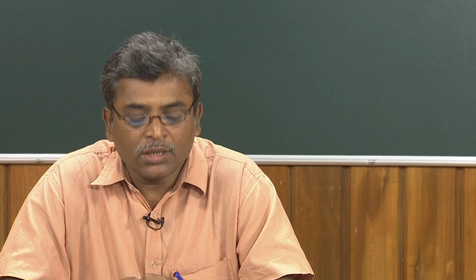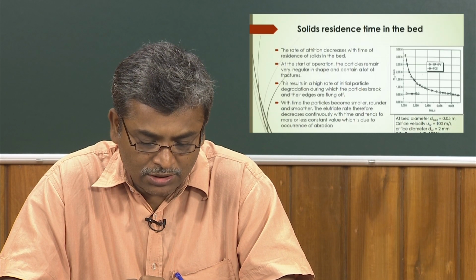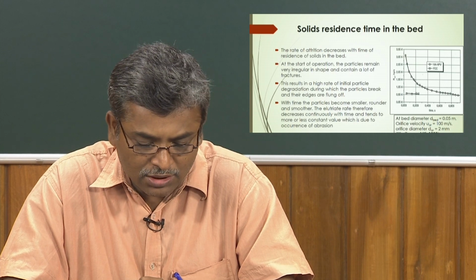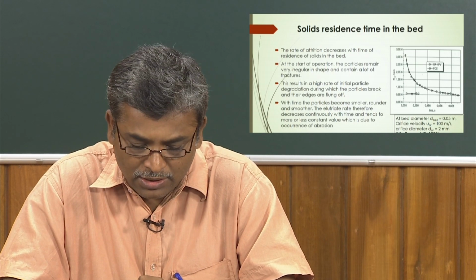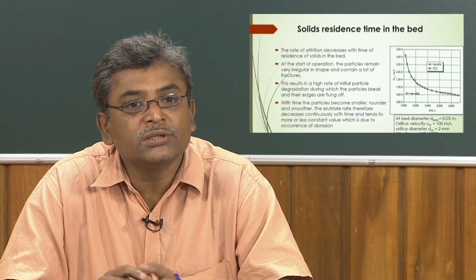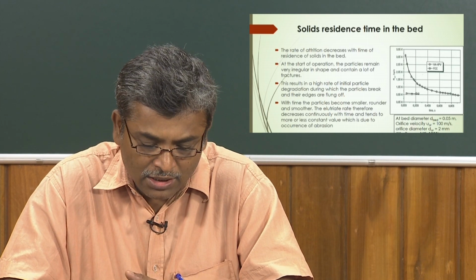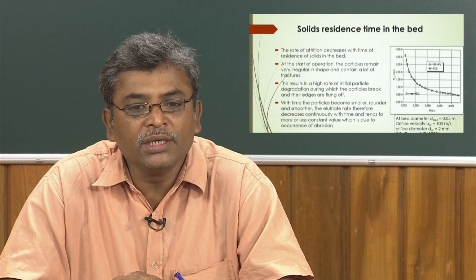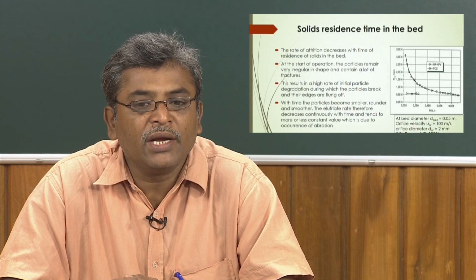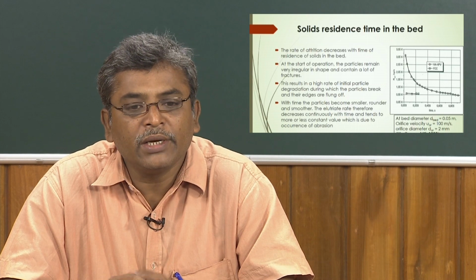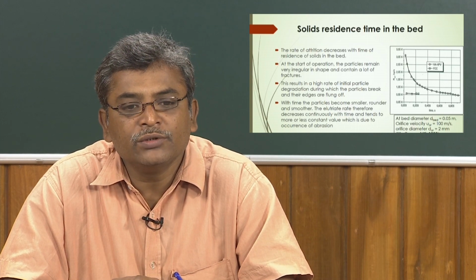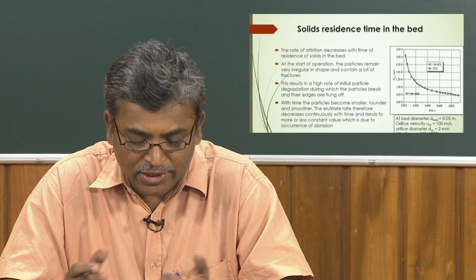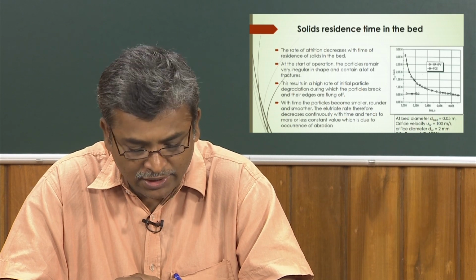Also, of course, with time the particles become smaller, rounder and smoother because of the higher residence time, and the attrition rate therefore will decrease continuously and tend to a more or less constant value, which is due to the occurrence of abrasion.